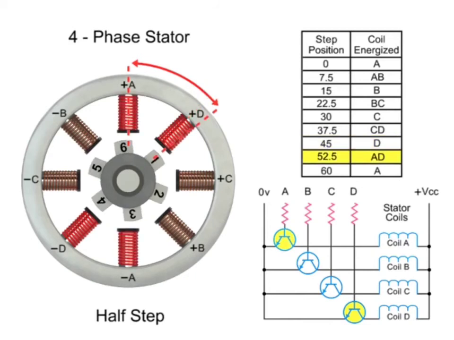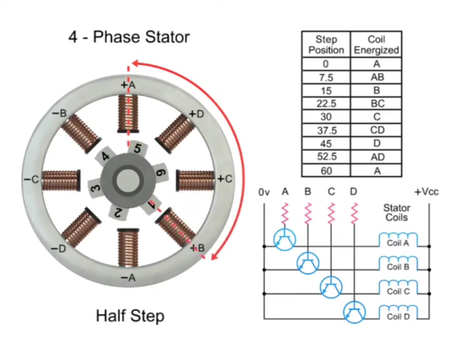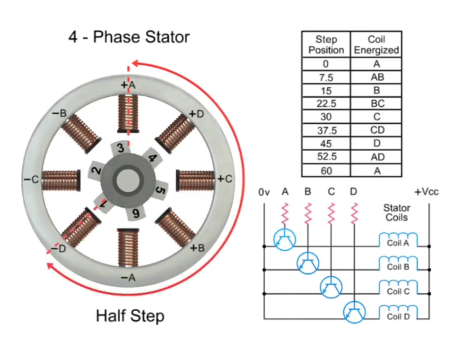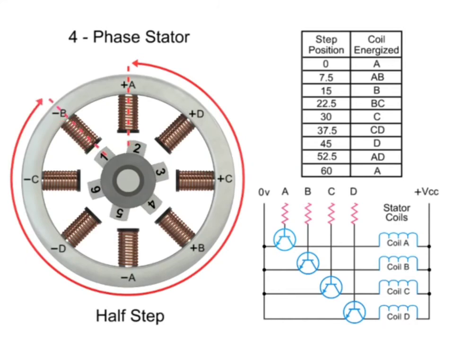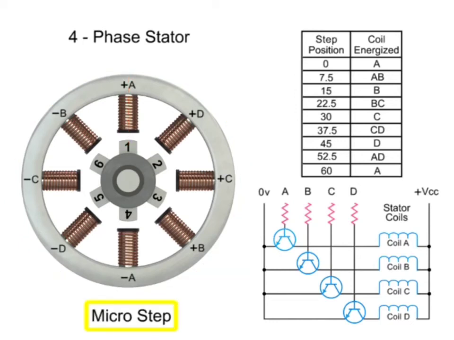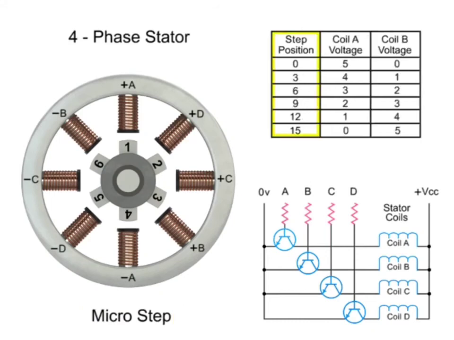As you can see in this example, 48 steps are required to make a full rotation at 7.5-degree increments. Micro stepping controls the current in a motor winding and subdivides the number of positions between poles. To achieve micro steps, the coils are only partially energized, as we apply a maximum voltage of 5 VDC to coil A and a minimum voltage of 0 VDC to coil B. Rotor position 1 will line up.